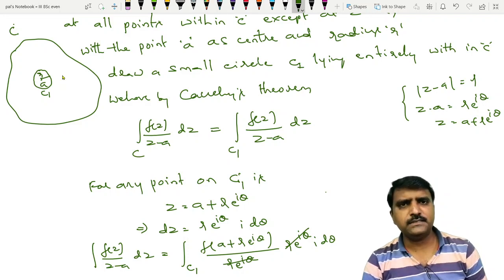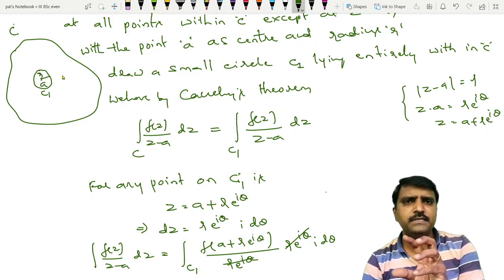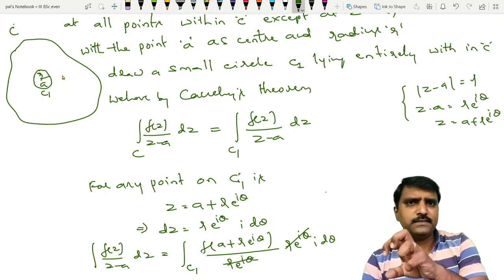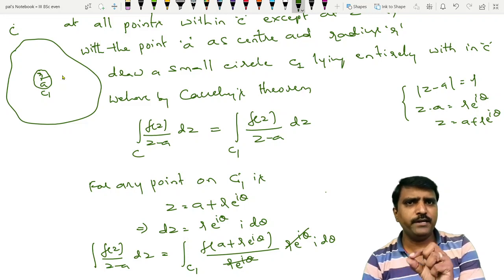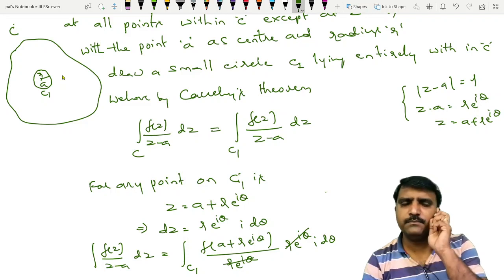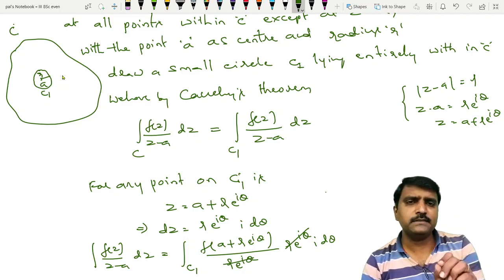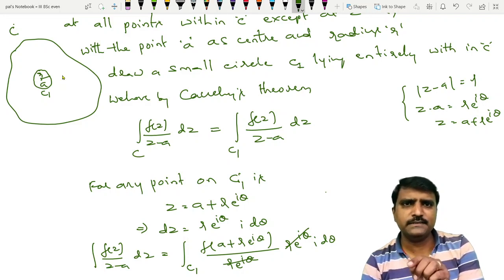It should have as small a radius as possible. If we go on reducing the radius, it shrinks to a point. Finally it shrinks to a point, meaning its radius goes on decreasing, but not zero. We do not take zero, but its radius should go on decreasing, because our intention is to exclude the point z is equal to a.